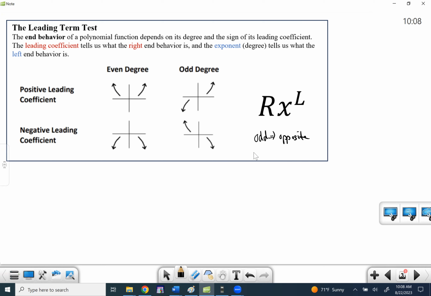If it's even, then the left will do the same as the right. If the right goes up, then the left will also go up. If the right goes down, then the left will also go down. So we will know just from that first term how both ends of the graph should look.